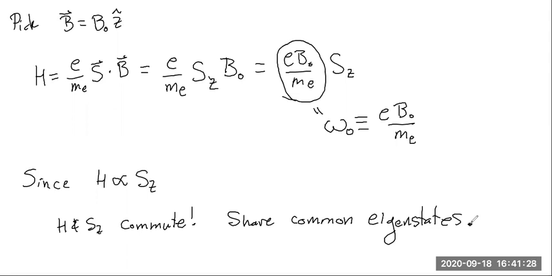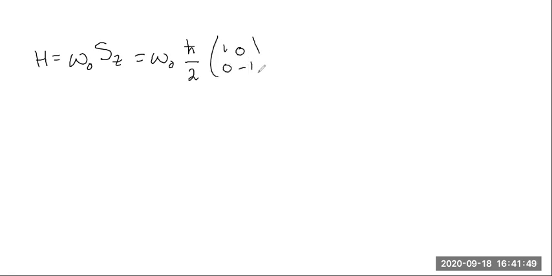So I can write now the matrix form for my Hamiltonian. Remember that here my Hamiltonian was equal to omega naught S z, and S z is h bar over 2 times the matrix 1, 0, 0, minus 1.